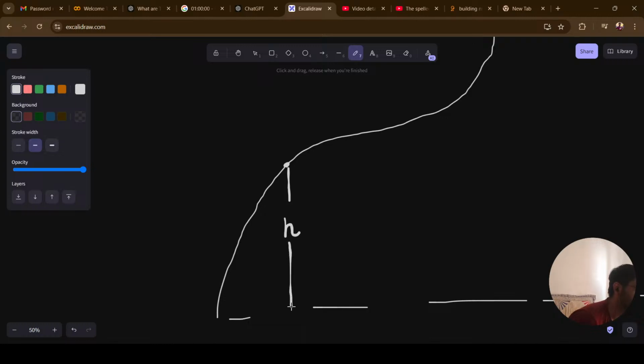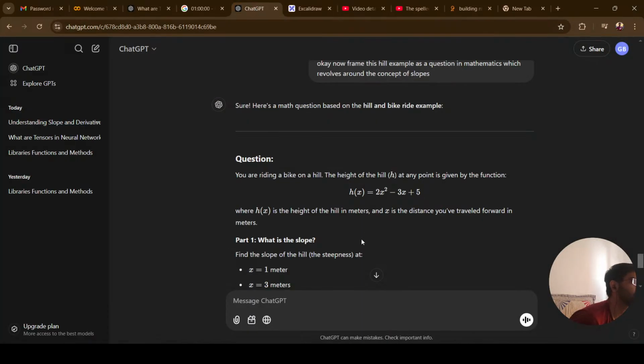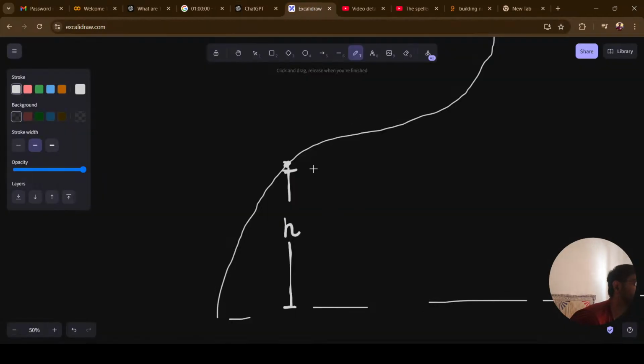The height of the hill at this point is given by the function 2x square minus 3x plus 5.